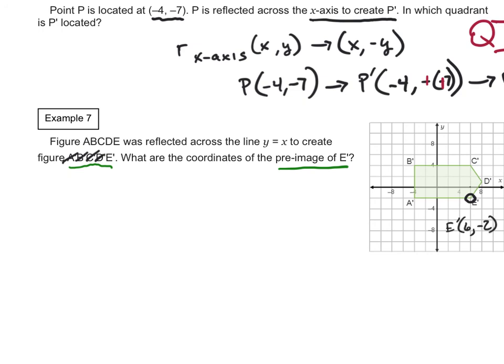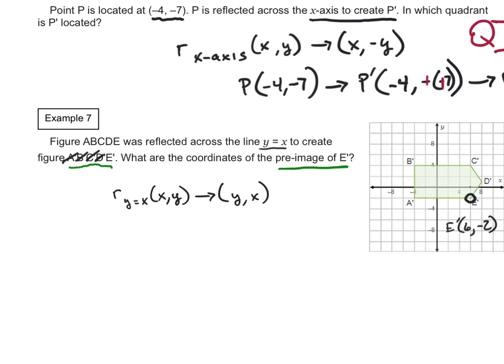Okay, so we had some point, and it says the y equals x, and I do believe the rule for that was the reflection over the line y equals x of (x, y). The rule became (y, x). My x and y values switched.